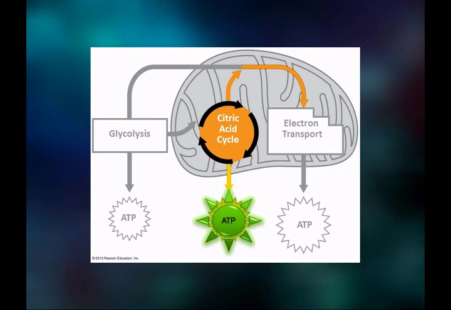Now, again, as we talked about any type of enzymatic cycle, the products from the previous portion are going to serve as the substrates for the next. And so therefore the 2 pyruvate molecules are going to go into the citric acid cycle.